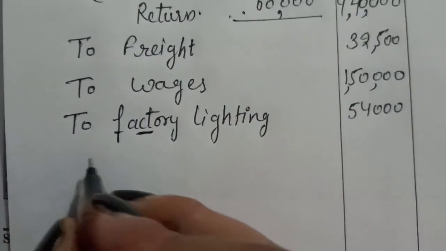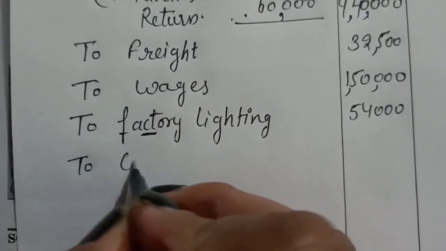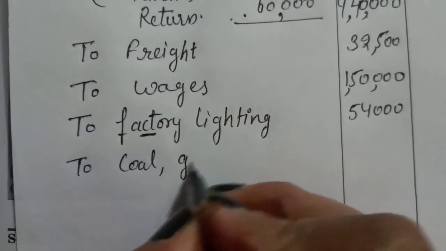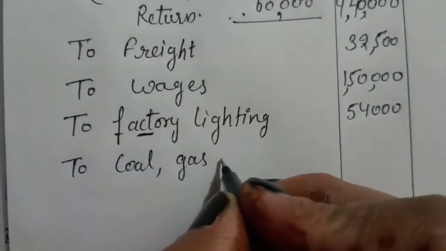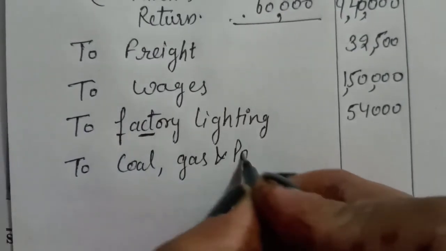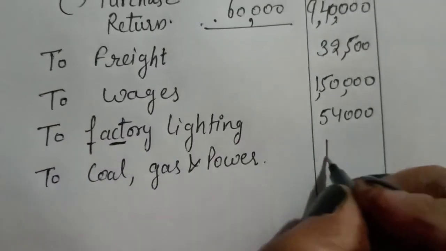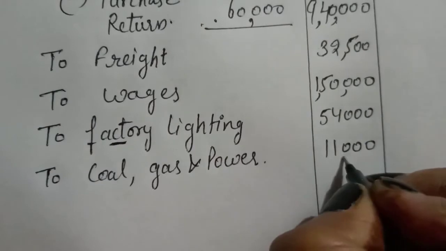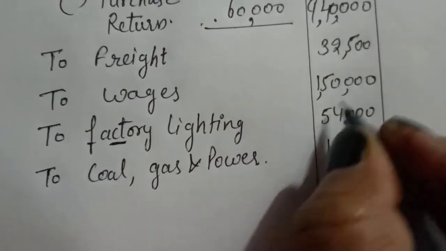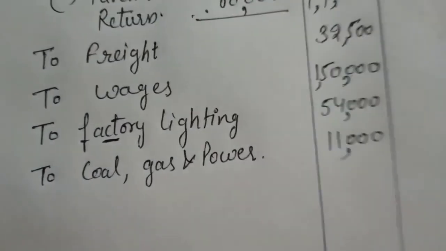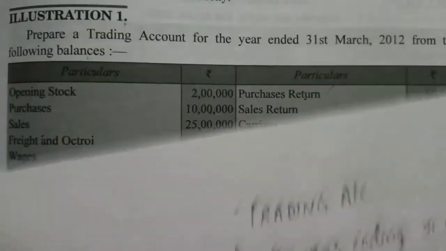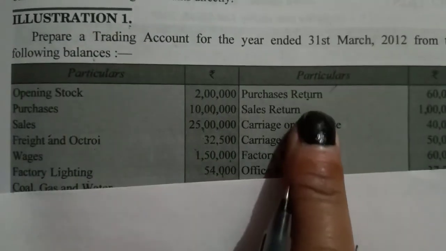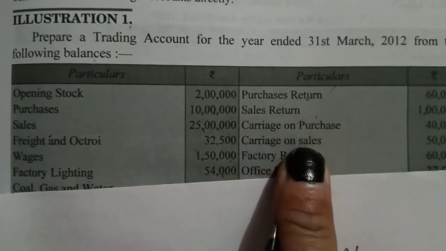It is of 11,000. So you will again write it here, coal, gas and power, for 11,000. The next item is purchase return, we have done it. Sales return, we have done it.